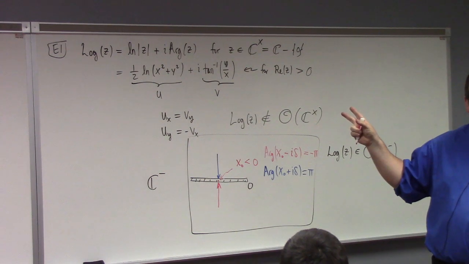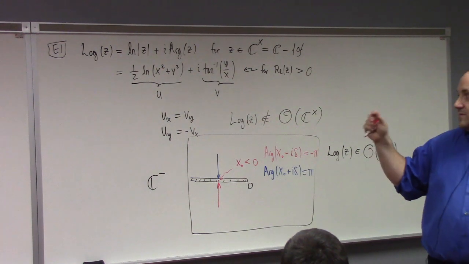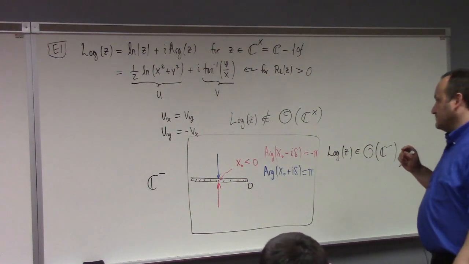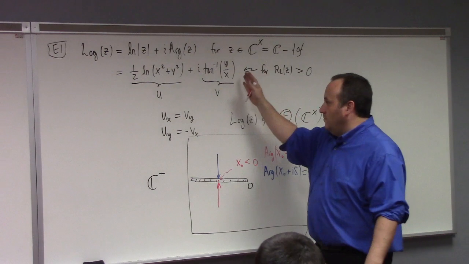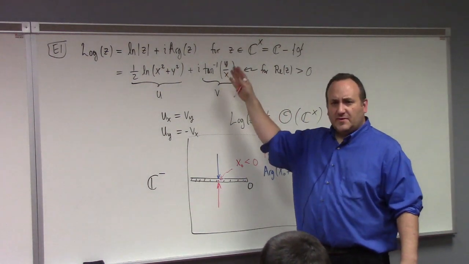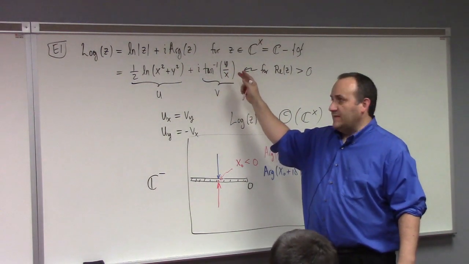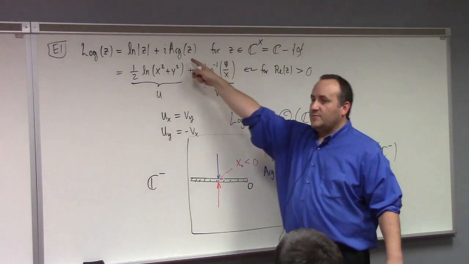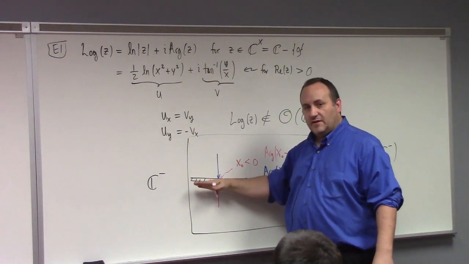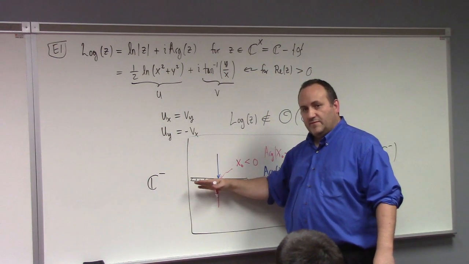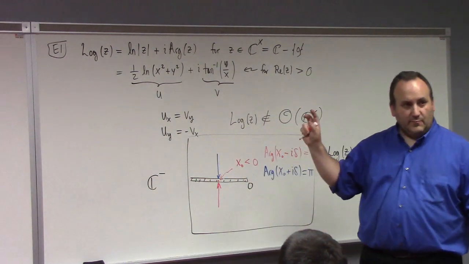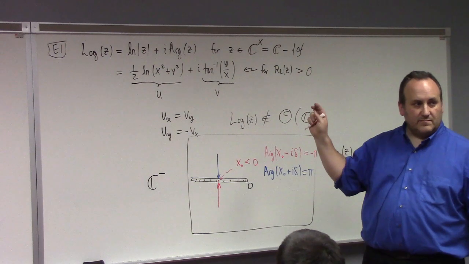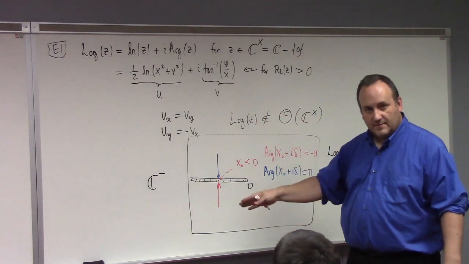Right? So because of this issue, any choice of argument, the principal argument of course has the angle jump here, but every choice of argument has an angle jump somewhere. And because of that, the argument will not be a harmonic function on the whole plane.